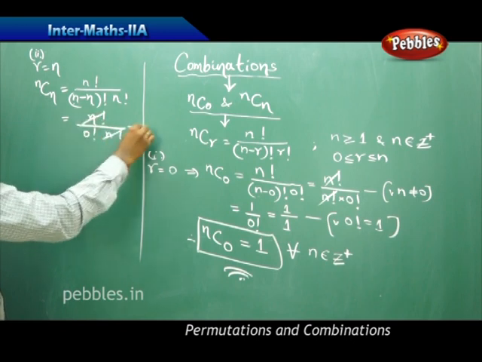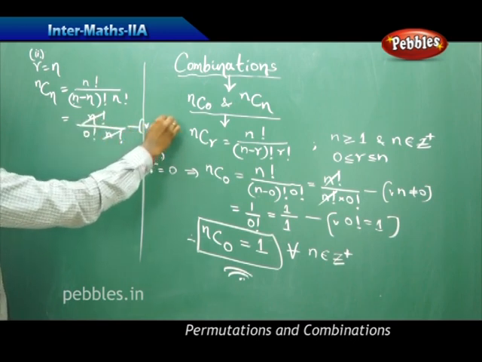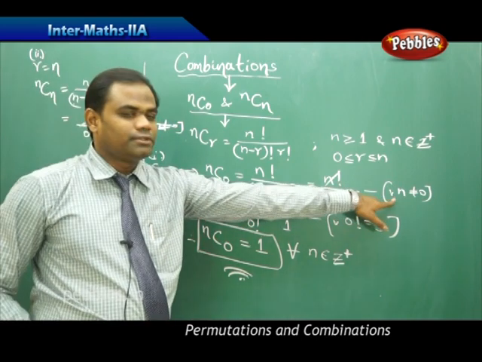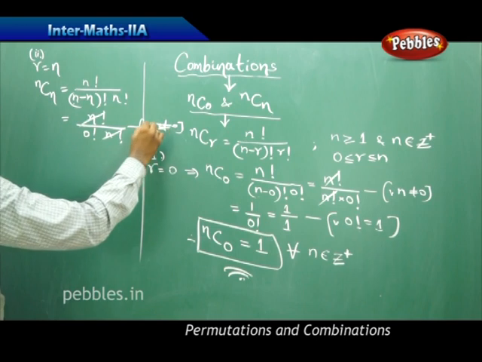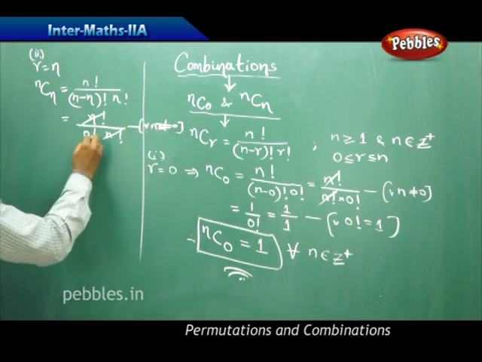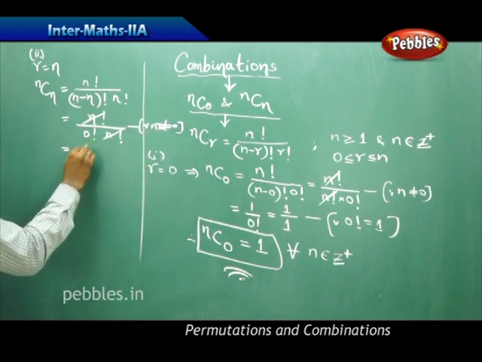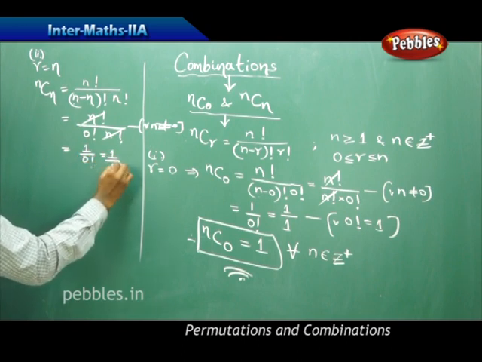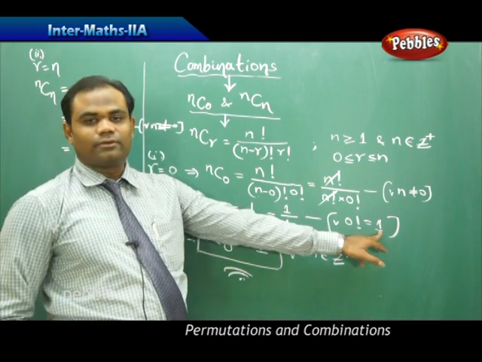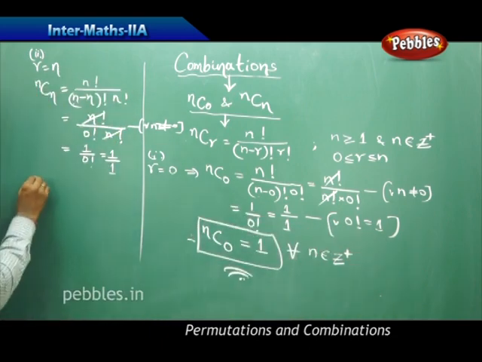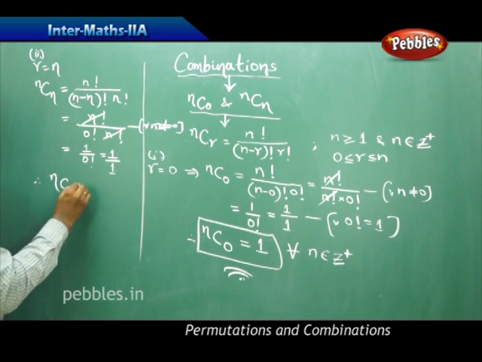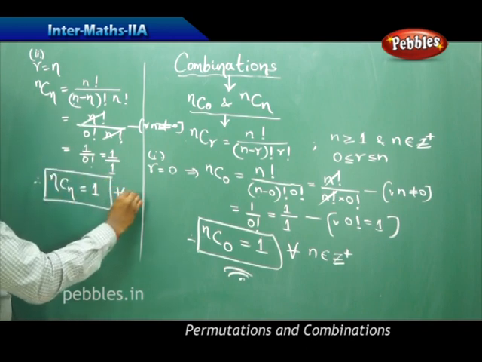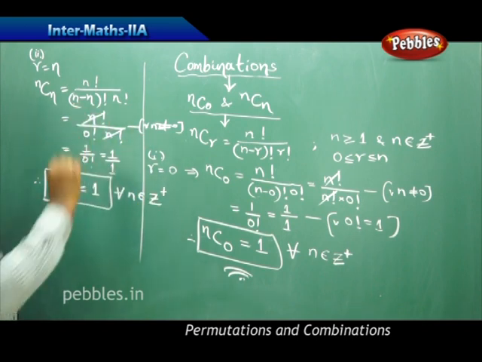Now this can be cancelled since n is not equal to 0, where n is a positive integer, so this reduces to 1 by 0 factorial, which is 1 by 1, because we know that 0 factorial is 1, and therefore NCN is equal to 1 for all n belonging to Z plus.